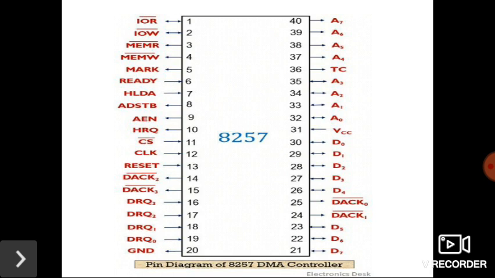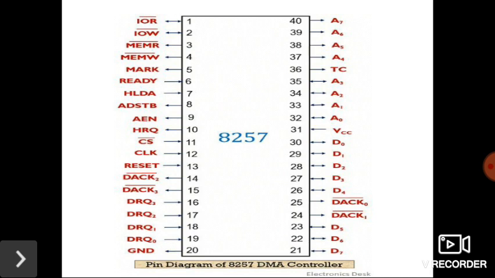A0 to A3 are bidirectional lines. In master mode, these four least significant memory address lines are generated by the 8257. Then A4 to A7 are the four most significant address lines of the lower byte address, generated by the 8257 in the master mode DMA operation.